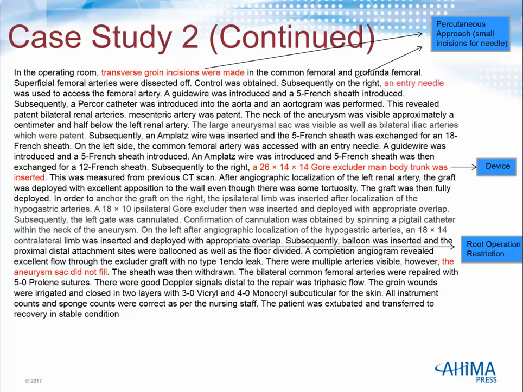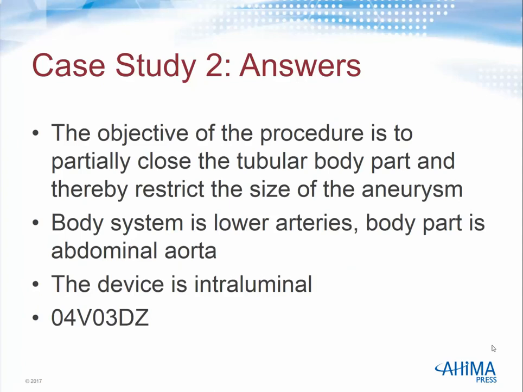So what is the objective of this procedure? The objective is to close off this body part vessel to restrict the size of the aneurysm, to restrict the size of what the physician called an aneurysm sac. The location is the abdominal aorta, the lower part of the patient's body. The device they used was an intraluminal device. It went inside the artery.